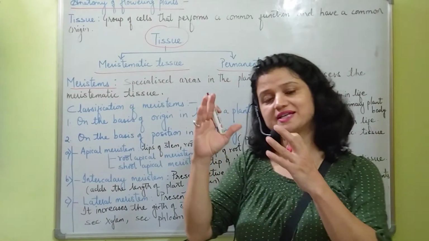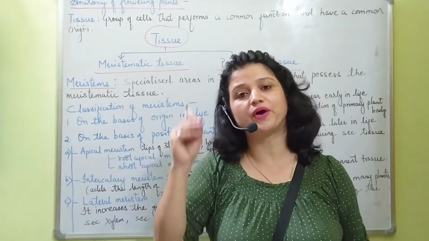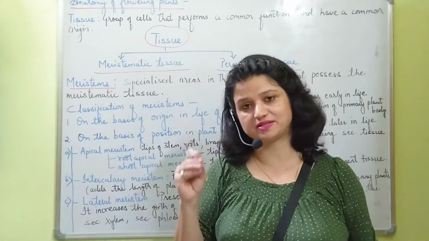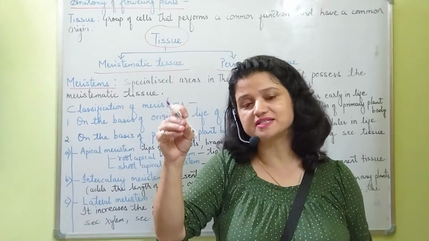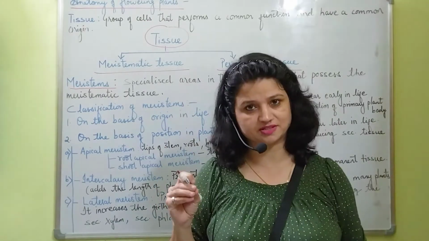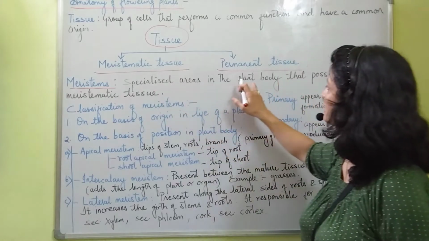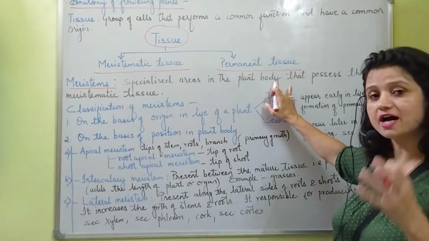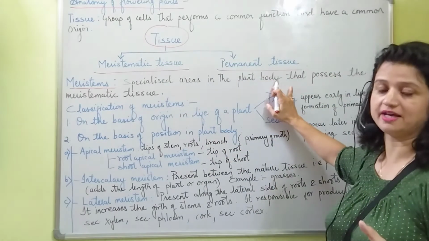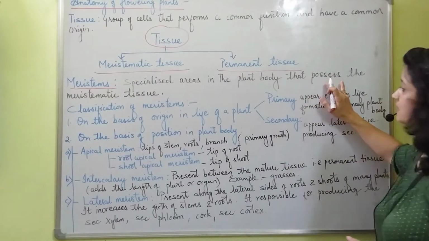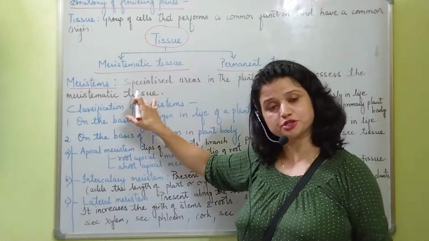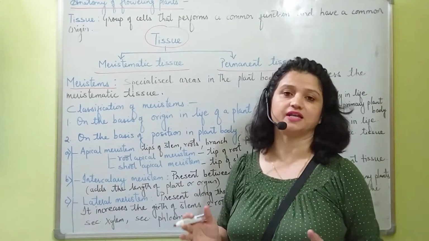There is a specialized area in the plant where the meristematic tissue is present, and that specialized area is known as meristem.